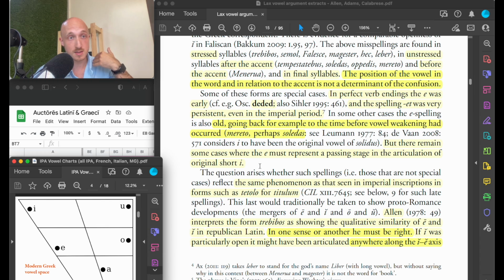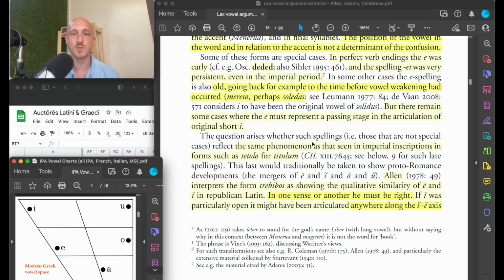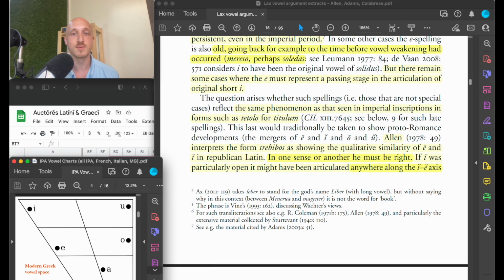Omnis would have preceded that in Old Latin and then became omnis, so this letter e can represent I. So this is how these confusions happen. The question arises whether such spellings reflect the same phenomenon as that seen in imperial inscriptions in forms such as tetolo for titulum. Now this is absolutely the Proto-Romance thing, tetolo. That's exactly what that is.